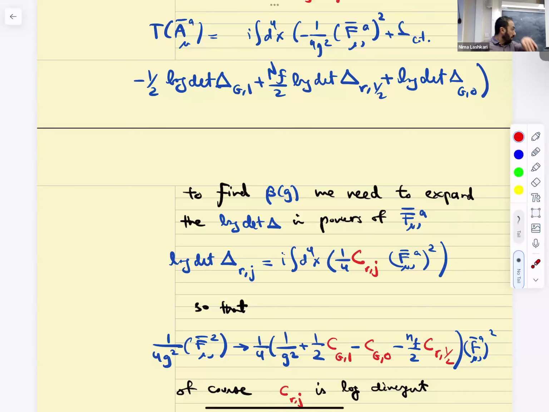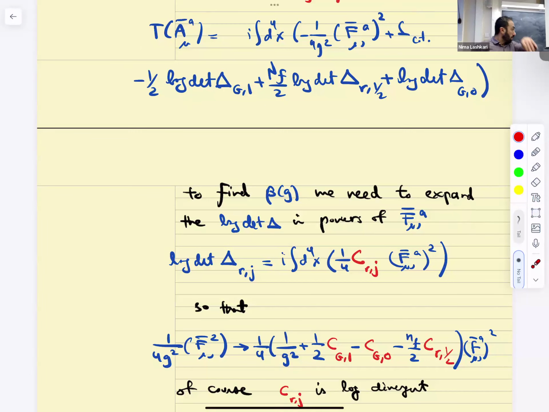And how do you calculate these coefficients? Well, these coefficients come from writing log of determinant of this guy in this form. But this had a very sharp definition, right? It was just this differential operator expanded. So we could just do this calculation once and forever, right?